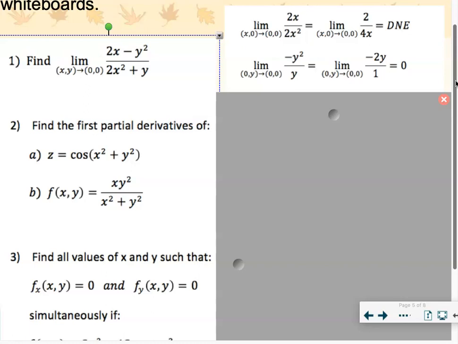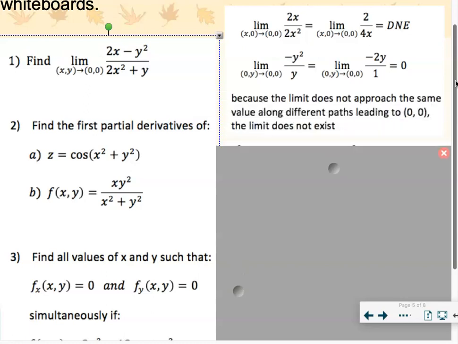So the derivative of cosine is what? Negative sine. So we have negative sine of, do the guts change? Not at the beginning, no. So you have negative sine of x squared plus y squared times the derivative of x squared plus y squared, right? So now this is where the partials come in.